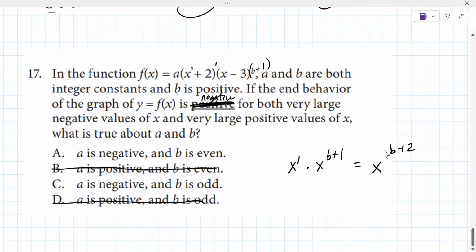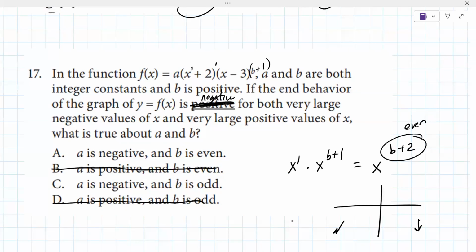So to get negative down and down, this b plus 2 has to be even. Okay. So what does that mean for the value of b?